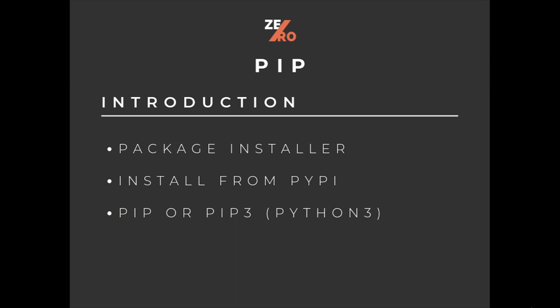So ang nangyayari is yung software written by other people is sinishare and pinapublish sa PyPI. Dahil dito, pwede natin ma-reuse yung software na ginawa ng Python community. Which means we actually benefit from the hard work of yung community. So big thanks sa community ng Python. Now to use pip, we use yung pip command or pip3 sa Python 3.